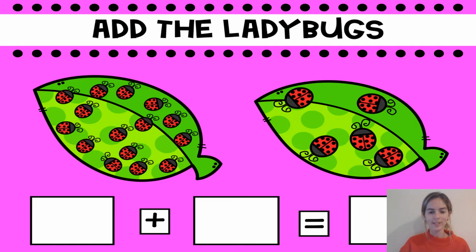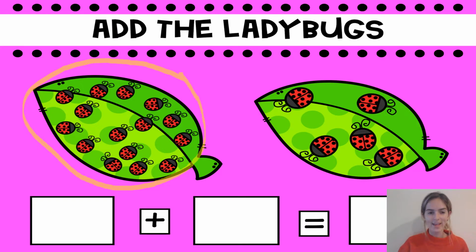Okay, boys and girls, let's take a look. Now, first of all, I'm just going to focus on this leaf here. And I need to work out how many ladybugs are there. And I can see that there's quite a few. So I'm going to cross them off as I count them so I can keep track of what I've counted so far.